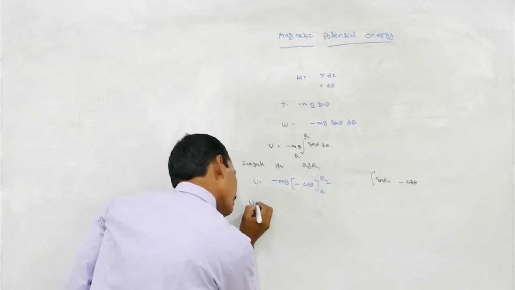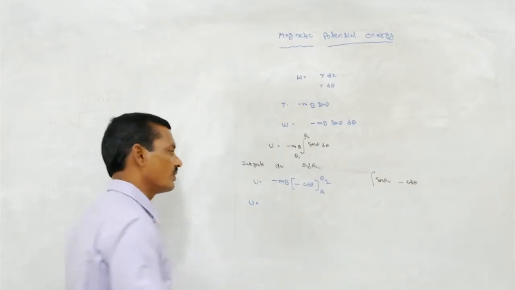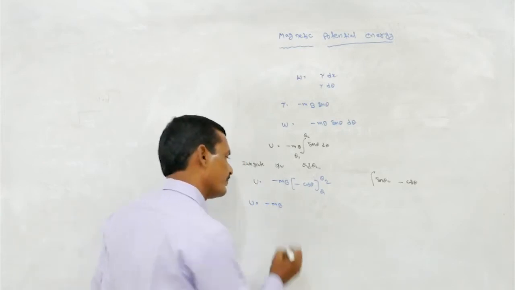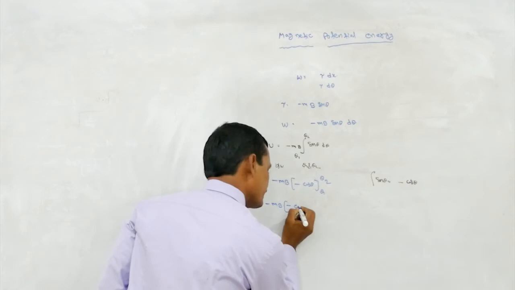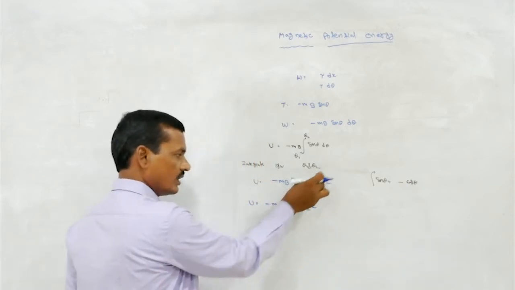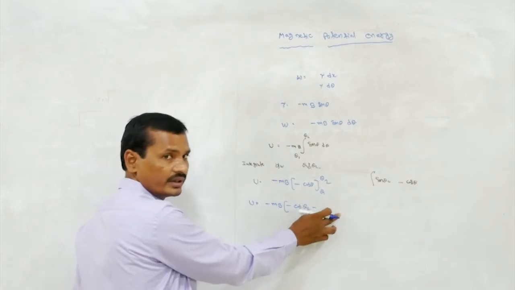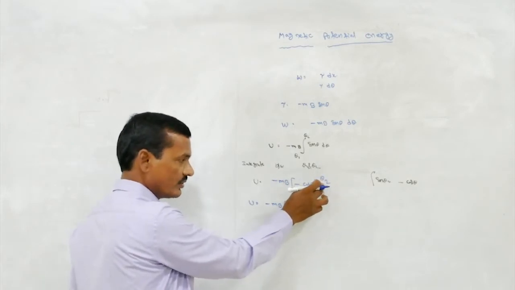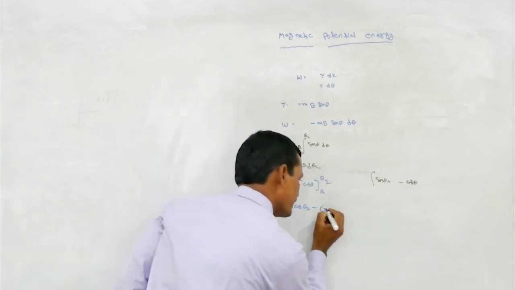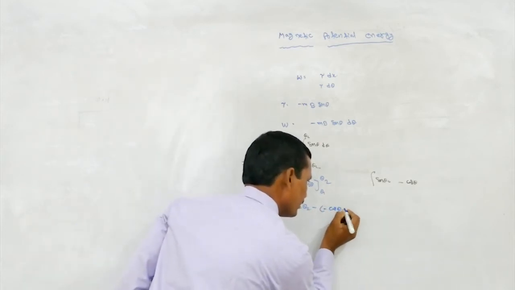Therefore, magnetic potential energy U equal to minus mb into minus cos theta 2 minus, upper limit minus lower limit, minus cos theta 1.